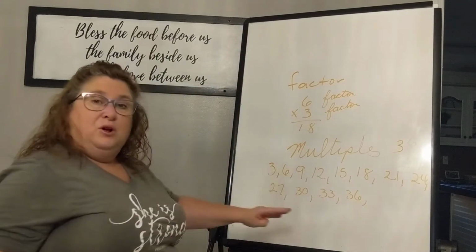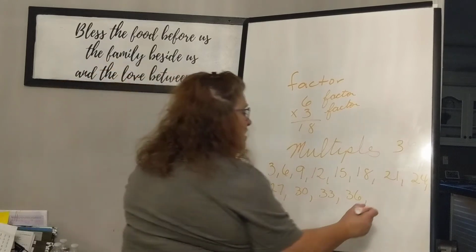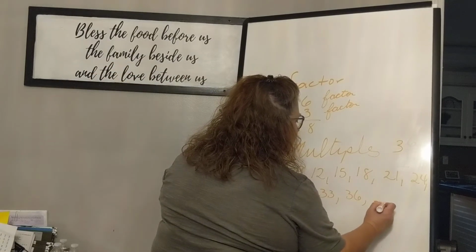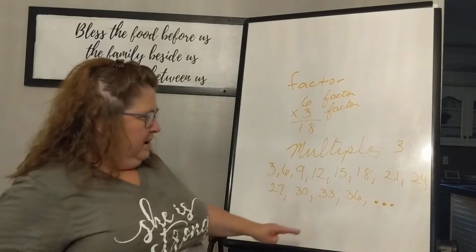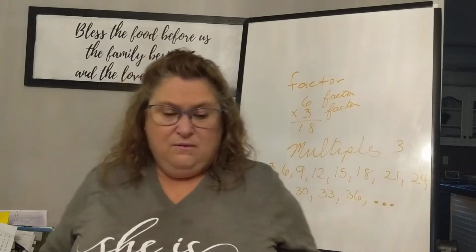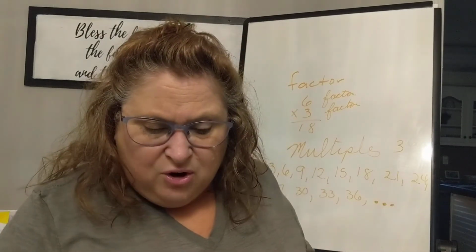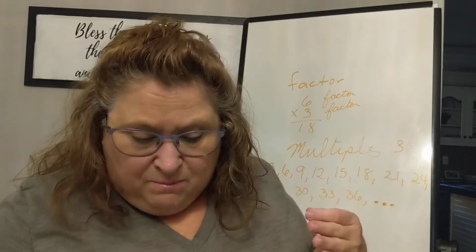These multiples go on through infinity and beyond. They will never end. So after I count as far as I'm going to count, I put comma, dot, dot, dot, which means on and on forever. That is how we figure our multiples: we simply skip count.